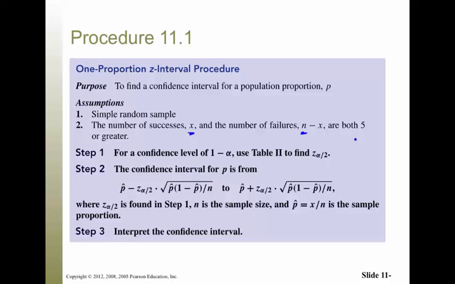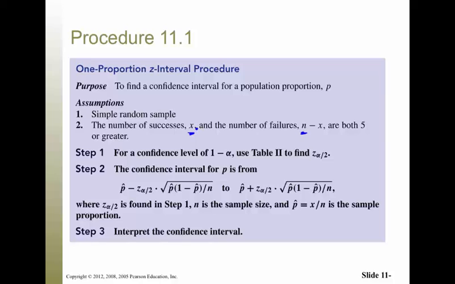So what is that saying? It's saying that this sampling distribution breaks down if almost everybody is a success or almost everybody is a failure. There has to be some distance away from the ends.